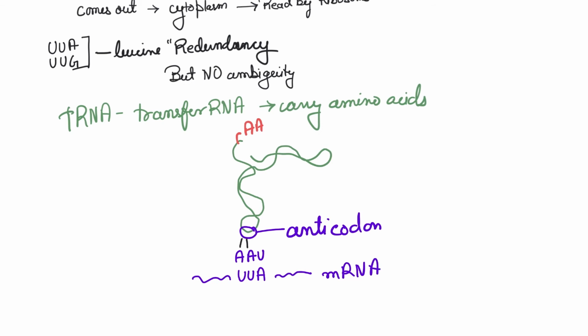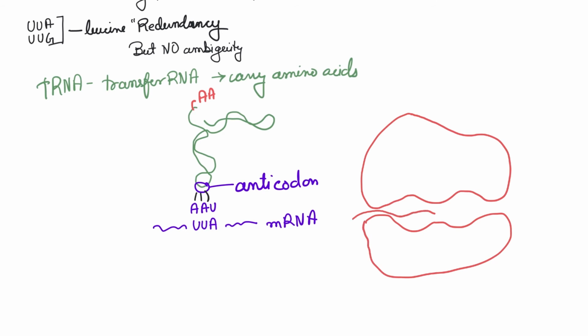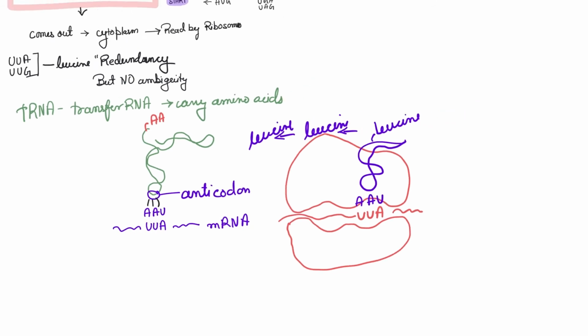Remember, complementarity works here as well. The ribosome would be paid a visit by different tRNAs carrying different amino acids. There are 20 such types, but only that tRNA would stick, the one which has the anticodon AAU, and hence leucine would be added. You can add different amino acids based on different sequence of codons.